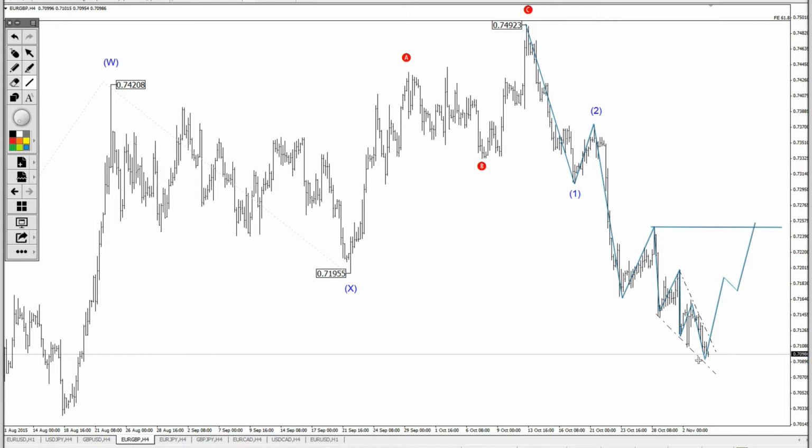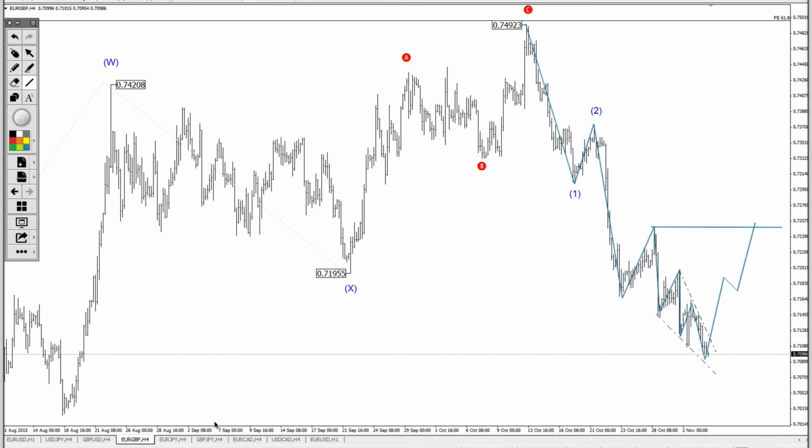So a couple of options. You can use the limit order or wait for the reversal and enter when there is enough evidence that we have an impulsive structure to upside on a small degree, maybe on a 30-minute or 1-hour chart. So quite an interesting development in Euro Pound.